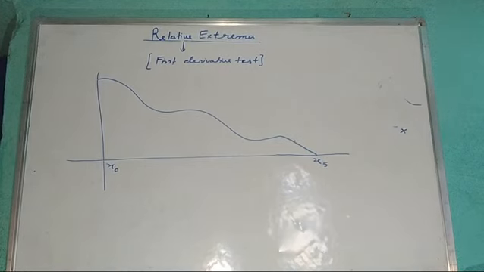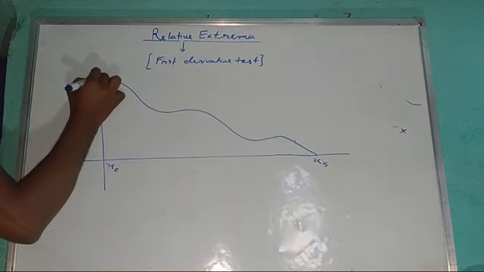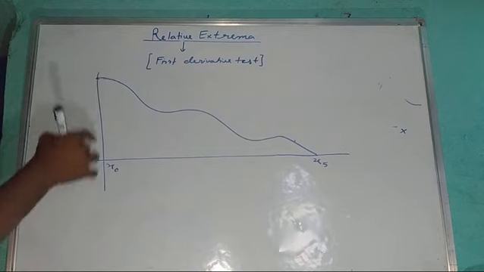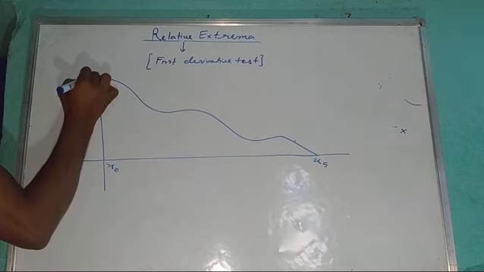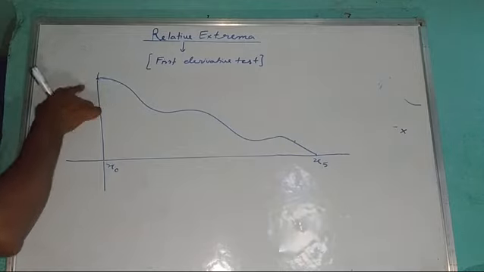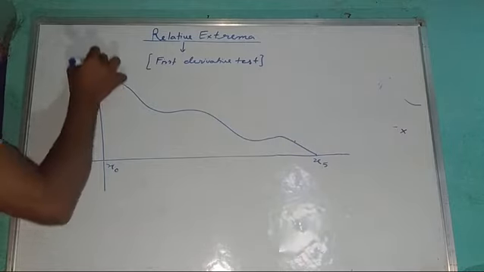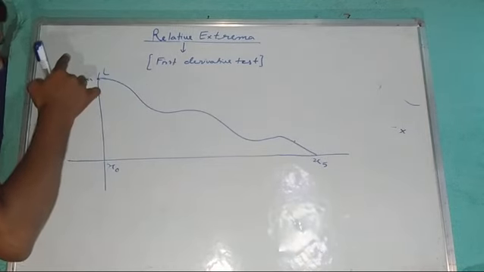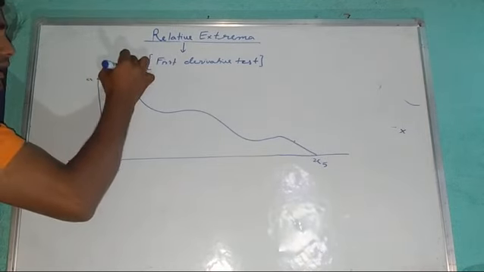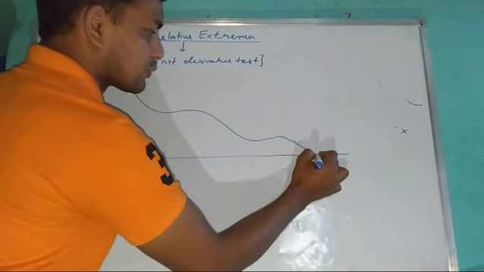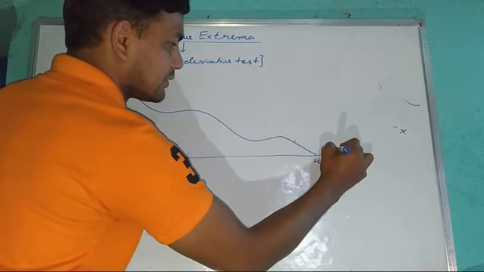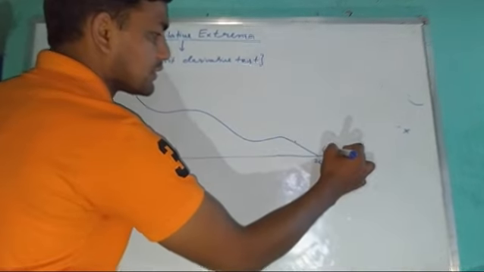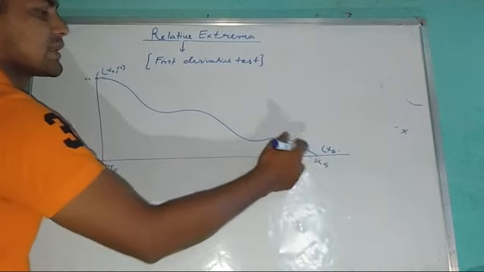At x0, the point of the graph is, suppose, A on the y-axis. It means the coordinate of this point is x0 and A. Similarly, the coordinate of this point is x5 and 0.